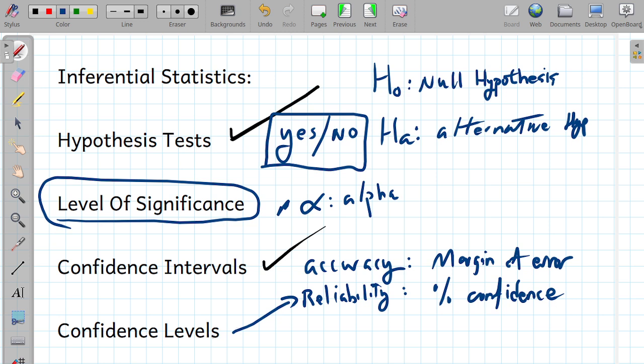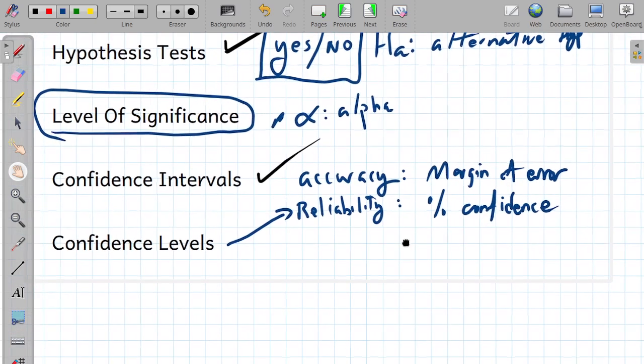So when I'm talking about a confidence level, I'm just going to scroll this screen a little bit, to speak a bit more to this.